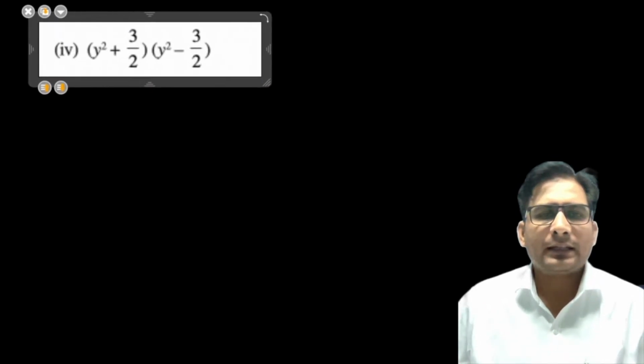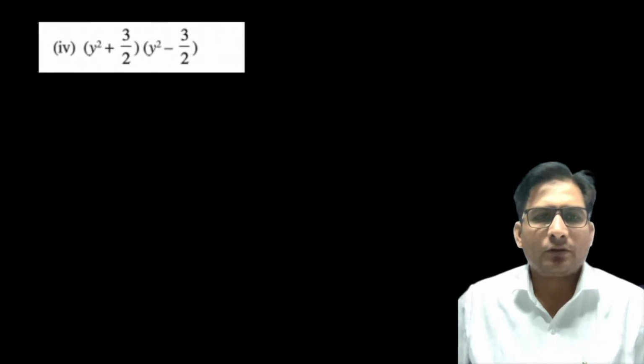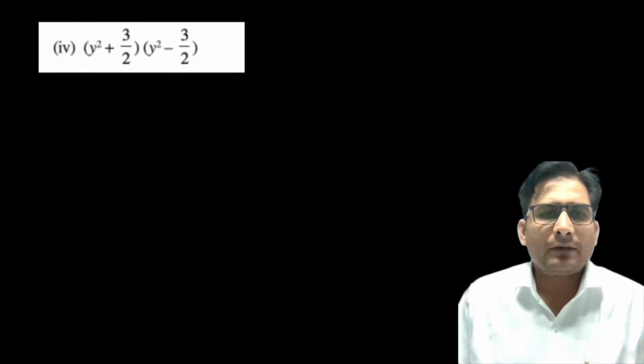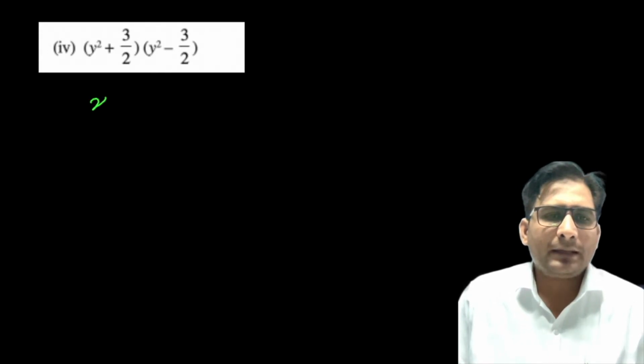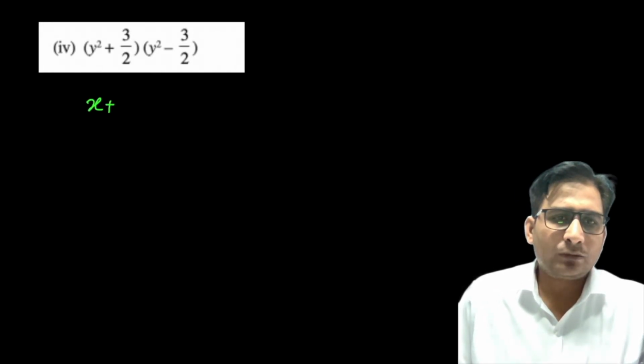Yes, sir. Now look at this next part here, the fourth part of the question. If you look at the question here, (y square plus 3 by 2)(y square minus 3 by 2). So we need to apply the identity, we can say, x plus y and x minus y.